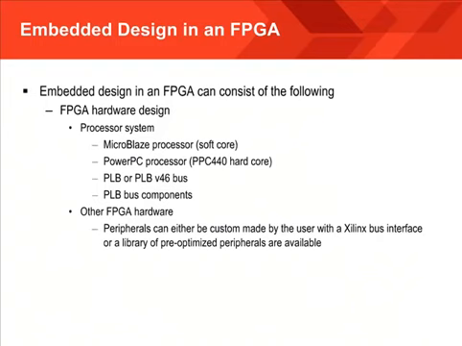Typically, most customers choose to use an off-chip memory for their application if they need a large amount of software, such is the case if they need an embedded RTOS. To aid this, EDK includes a number of optimized off-chip memory controllers that support a variety of types of memory components. Spartan 6 even includes a dedicated programmable memory controller that allows you to target most popular memory components in the industry.